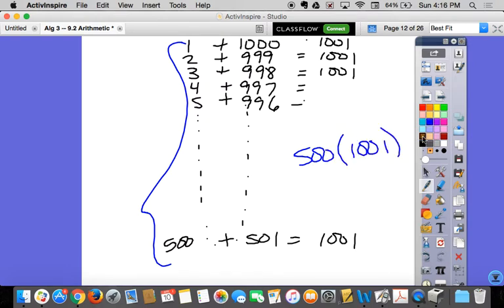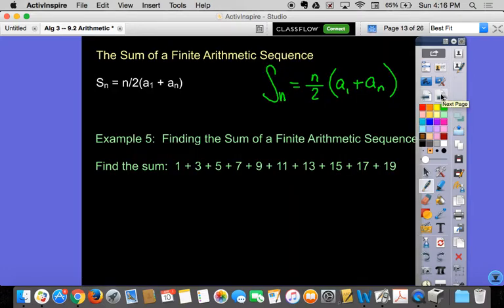Well, didn't we say that we had 1,000 numbers? 1,000 over 2 is 500, right? And our first number was 1, and our last number was 1,000. So this is n over 2, and this is a sub 1 plus a sub n. It is our formula right there. Gauss came up with this when he was 5 years old. So kind of impressive there. That's where this formula came from.